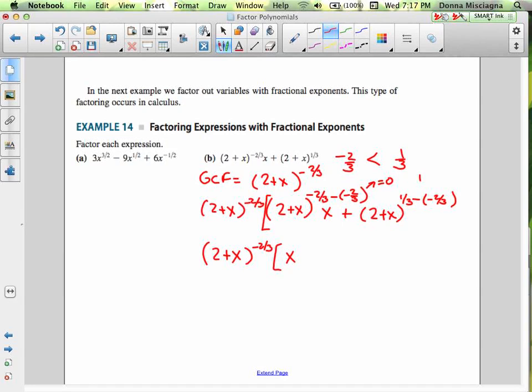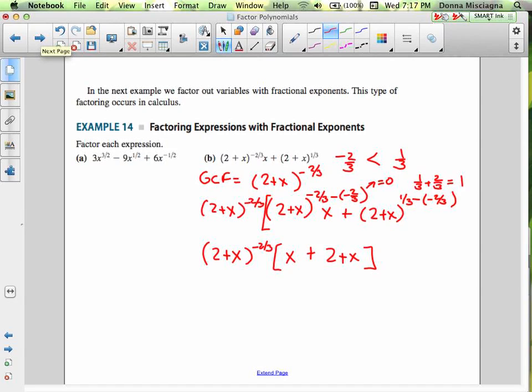That's the same as 1/3 plus 2/3, and that's going to be 1. So we have an x plus 2 plus x, because this is to the first power. We don't really need to write the first power, because 2 plus x to the first power is just 2 plus x.